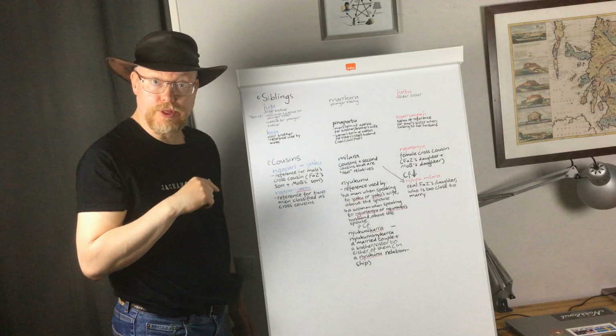Yes, because here we have a corresponding term for female cross cousin, ngoranyo. So that's probably what this is, a male cross cousin. And note the related term, ngabari yara, where yara marks dual. This is a term of reference for two men who are classified as cross cousins. So they don't have to be real cross cousins, they are classified as cross cousins.